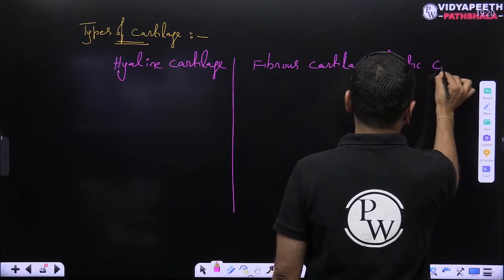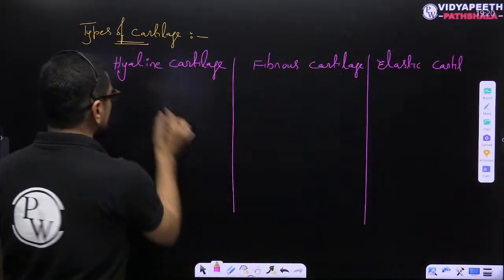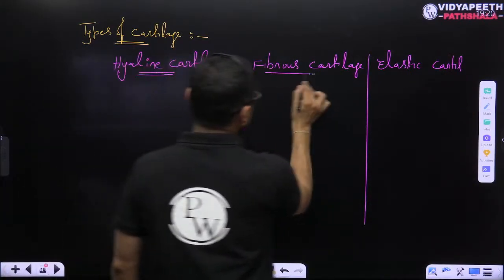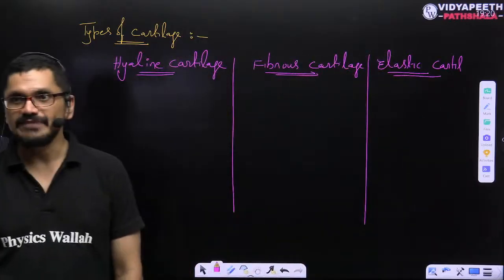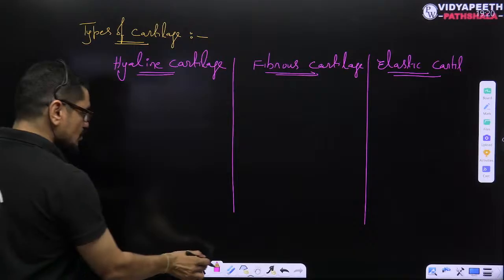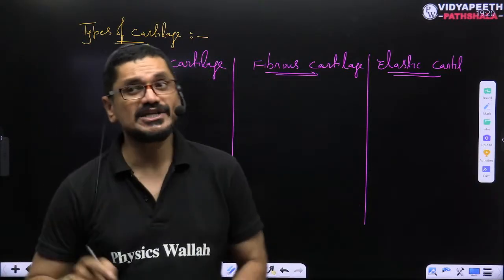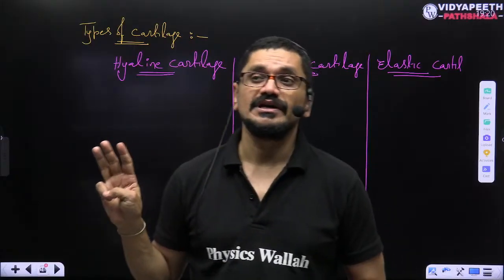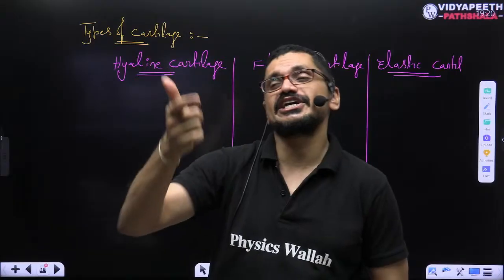So three types of cartilages are there: hyaline cartilage, fibrous cartilage, elastic cartilage. In human beings only these three types are present. There is a small twist in this statement. In human beings only these three types are there.